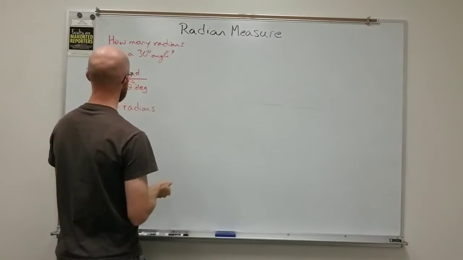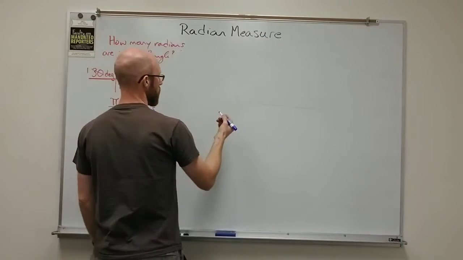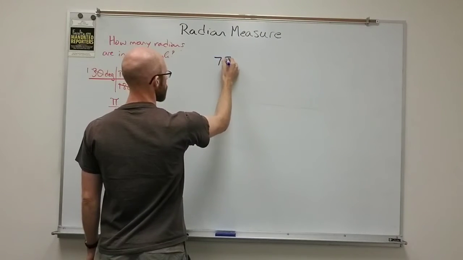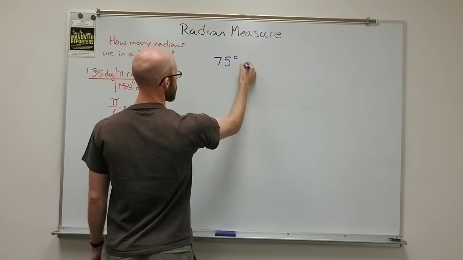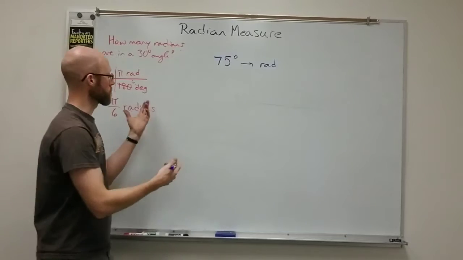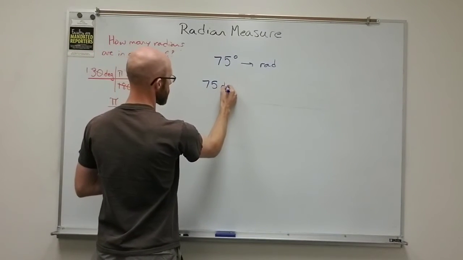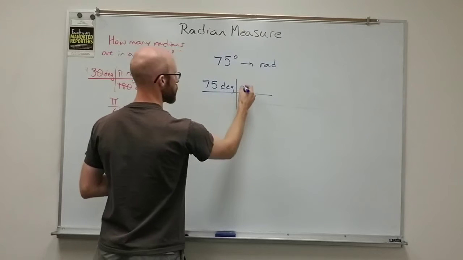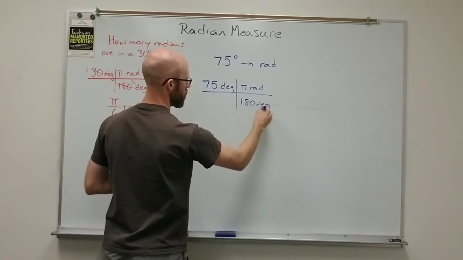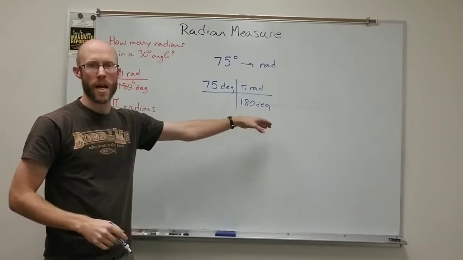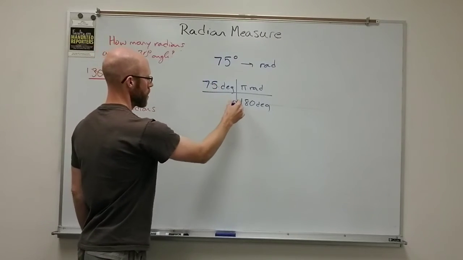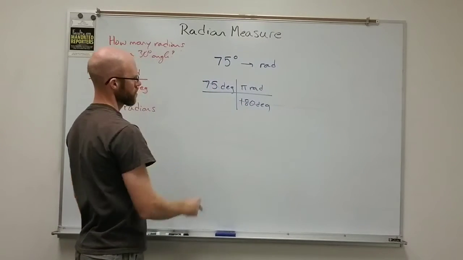If I wanted to convert, I don't know, 75 degrees to radians, okay, I would do the same sort of thing. I'd do 75 degrees, I'd multiply it by pi radians over 180 degrees. 75 over 180, I could reduce that. It does reduce by 5 anyway.